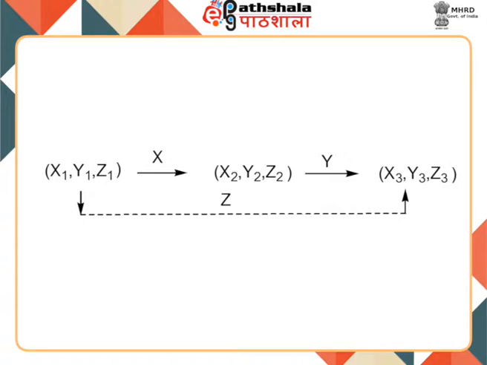Now, let there be another symmetry operation, a third operation Z, which carries the point x1, y1, z1 directly to x3, y3, z3. If it is there, then we represent the procedure as shown. So, Z is the product of the operations X, Y carried out on certain points.